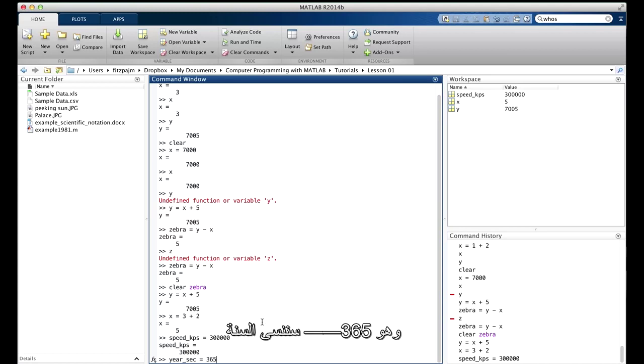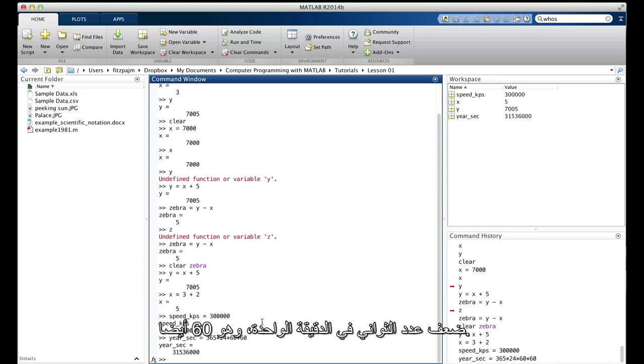We'll forget about leap year. Times, and we use the asterisk for times, the number of hours in a day, which is 24, times the number of minutes in an hour, which is 60, times the number of seconds in a minute, which is also 60, and there's the number of seconds in a year.